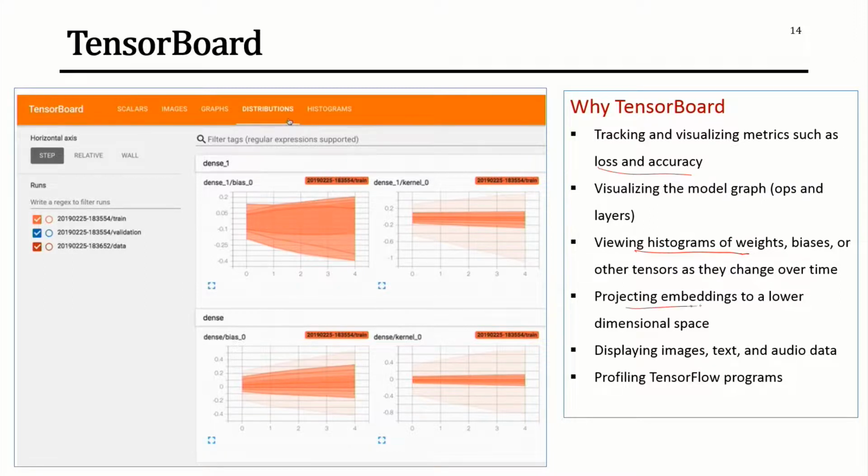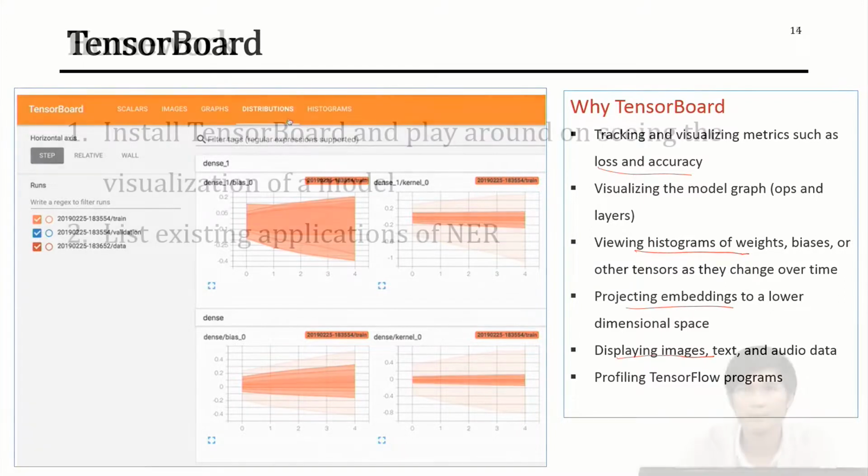And we can also project embeddings to a lower dimensional space. Next, we can also display image, text, as well as audio during the experiment. And lastly, we can profile TensorFlow programs.